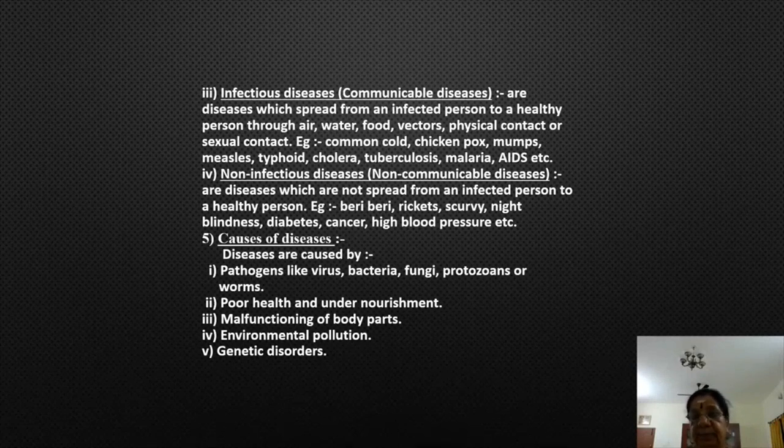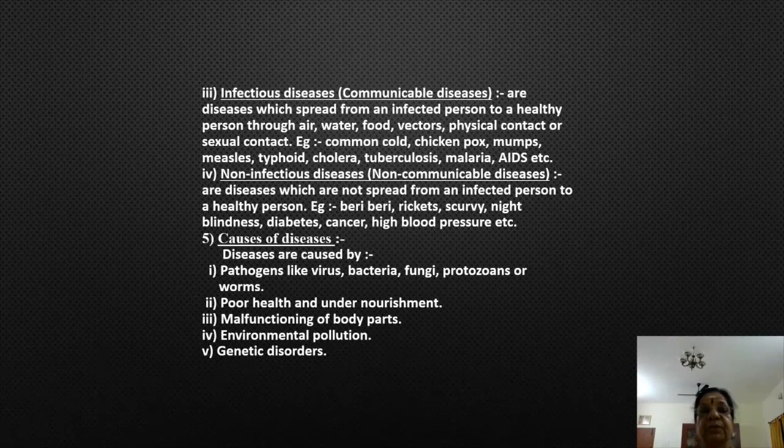A vector is a carrier which carries the disease. Normally protozoans or flies, mosquitoes, and among them the female Anopheles mosquito causing malaria, Aedes aegypti causing dengue fever. These are vectors carrying diseases.